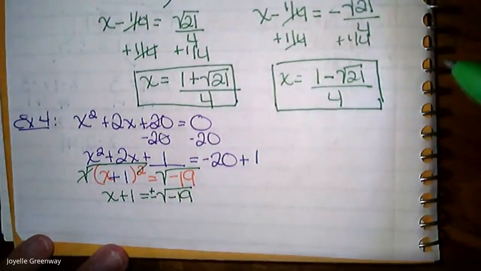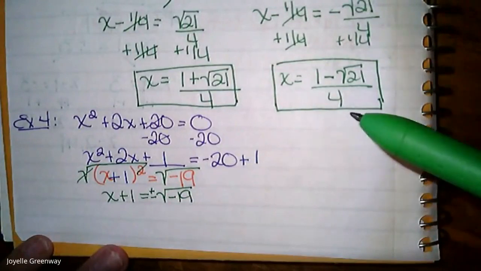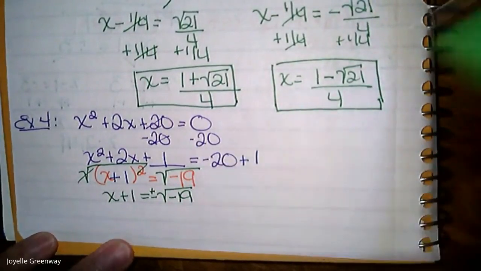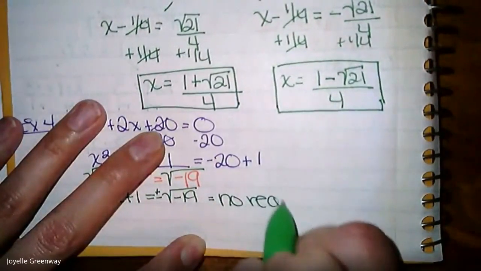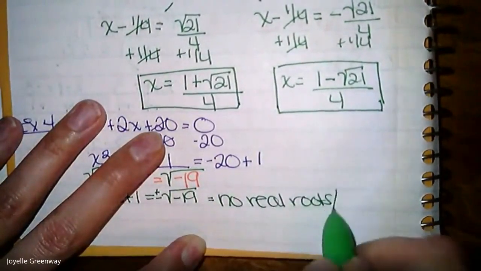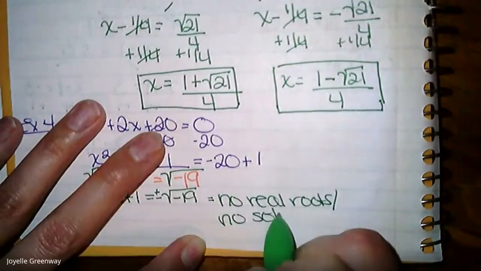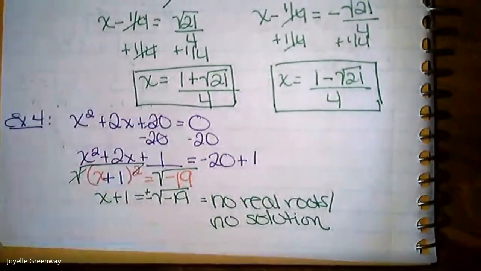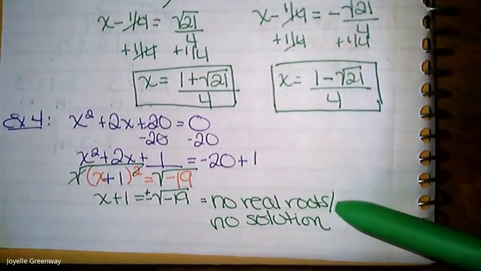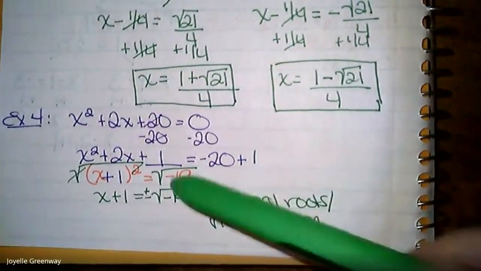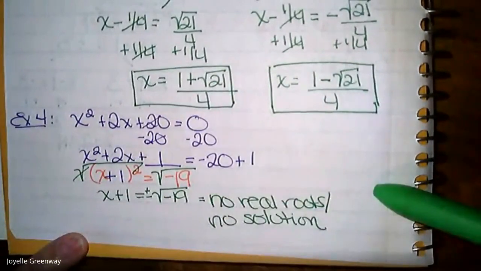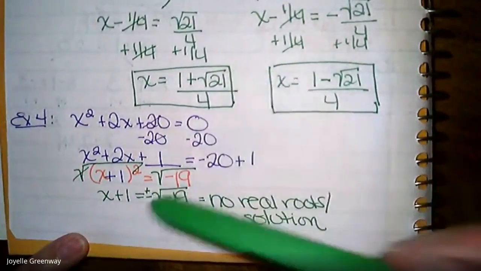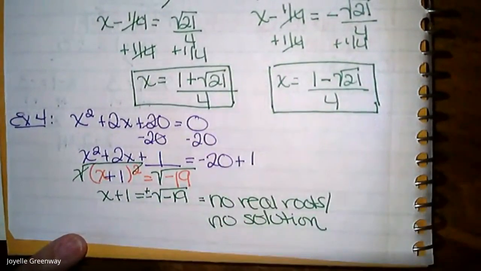So a number times itself cannot give you a negative number. So this is no real root. Or we could say no solution. Either way, right? If it's asking you for what are the roots and you go through and you solve it and you get this, you would say no real roots. If it tells you to solve and you go through this, you would say no solution.